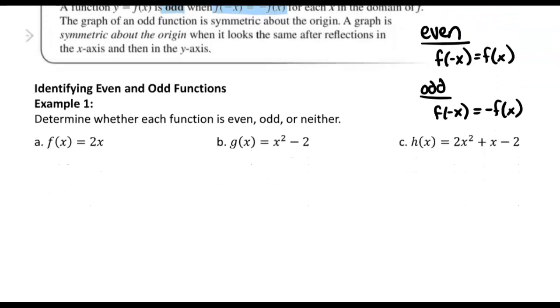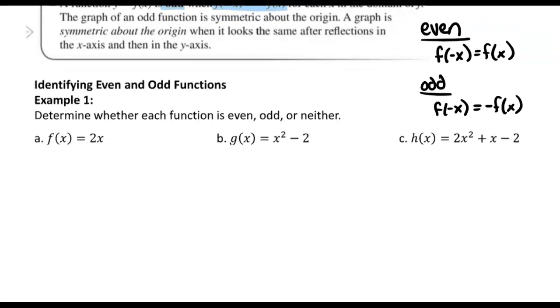So what you do when you want to tell even or odd, and it could also be neither, you go ahead and you plug in -x. So you're going to plug in -x everywhere there is an x. So I plug -x in right here. So this notation just shows, hey, I'm plugging in -x to function f. Okay, now I'm going to go ahead and simplify.